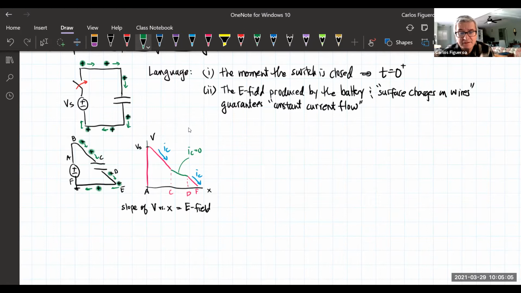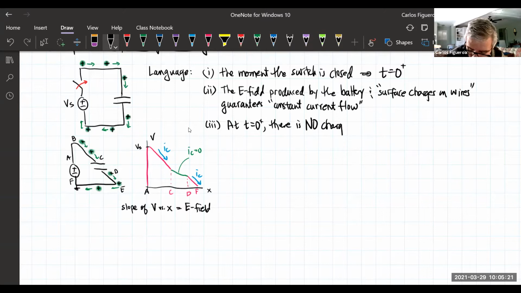So what you're going to find here is that at t equal to 0 plus, there is no charge on the plates.